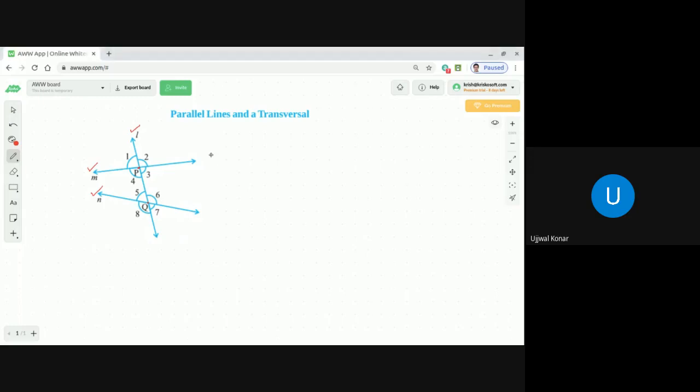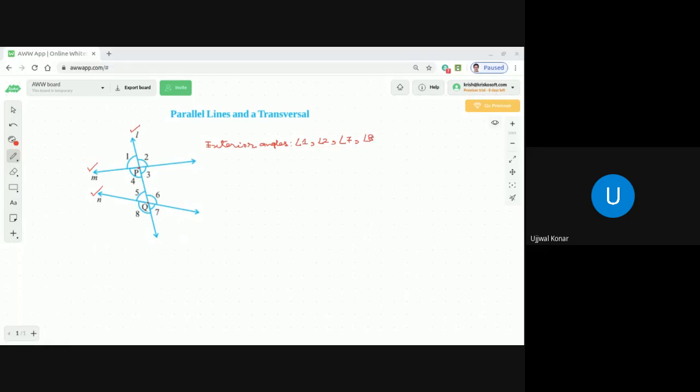Let me write it down: exterior angles are angle 1, 2, 7, and 8.